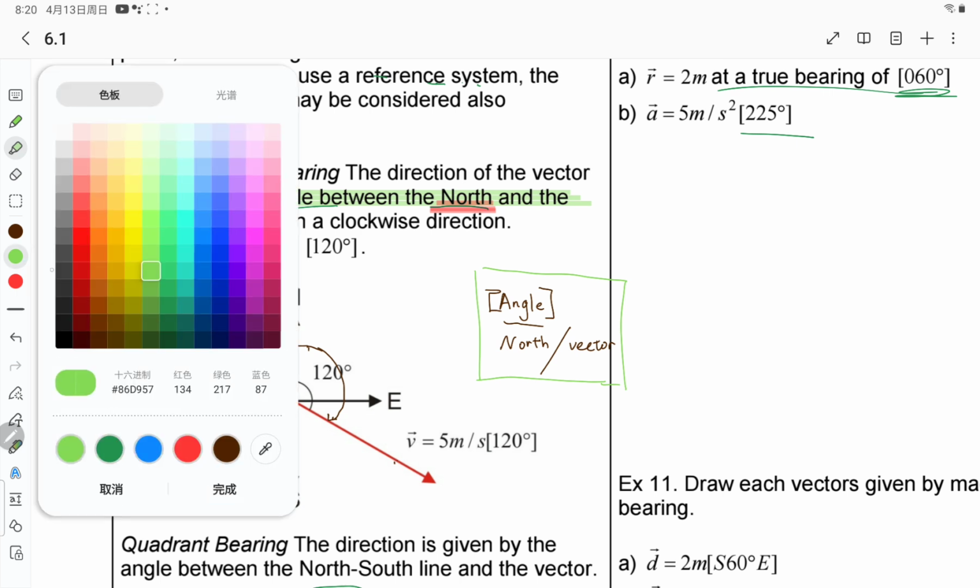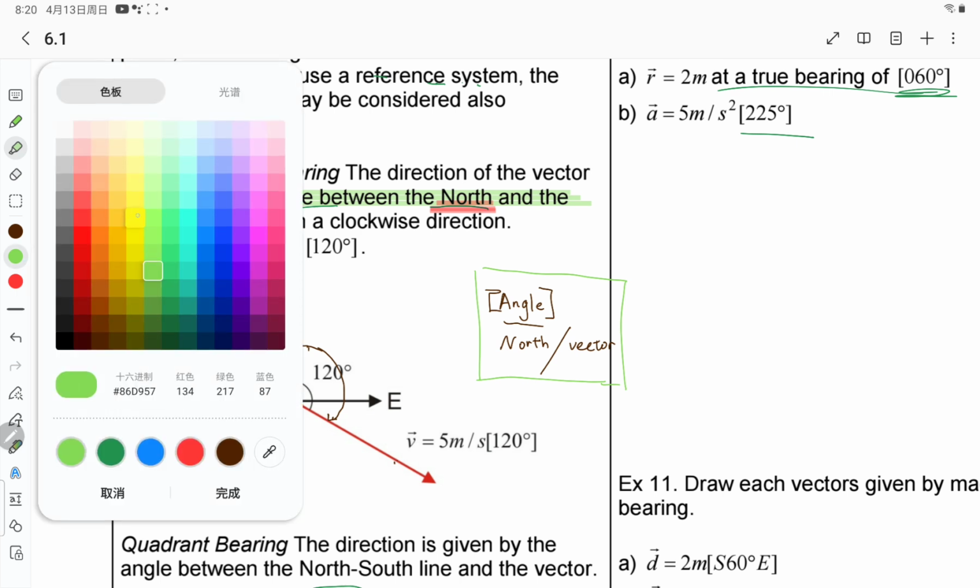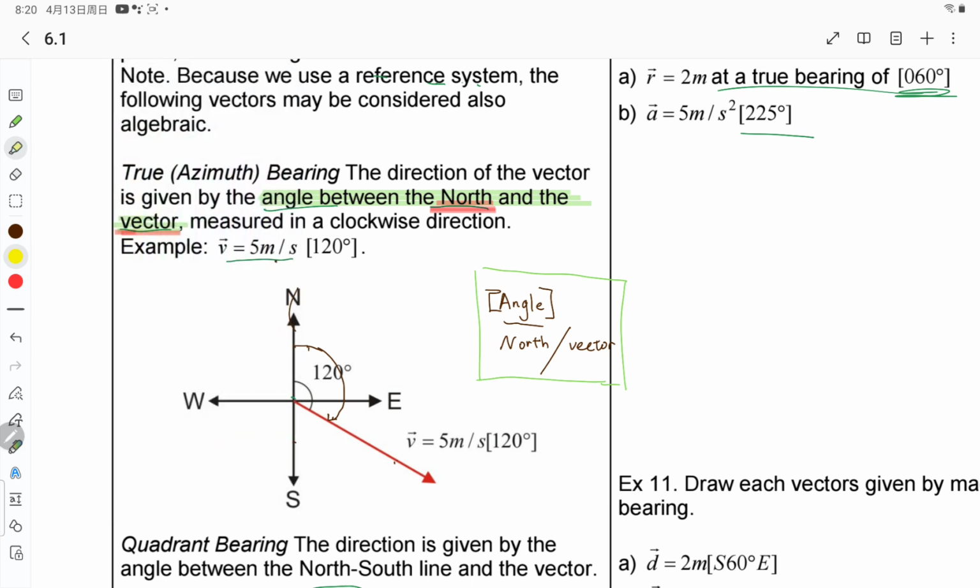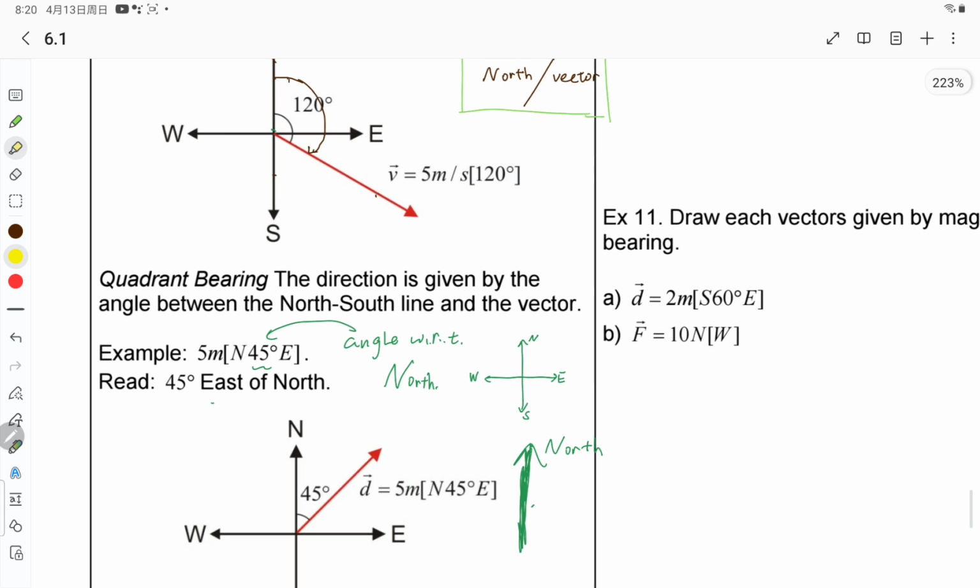Okay. Let's see. The color yellow. Yellow is good looking. Okay. This is our true bearing.